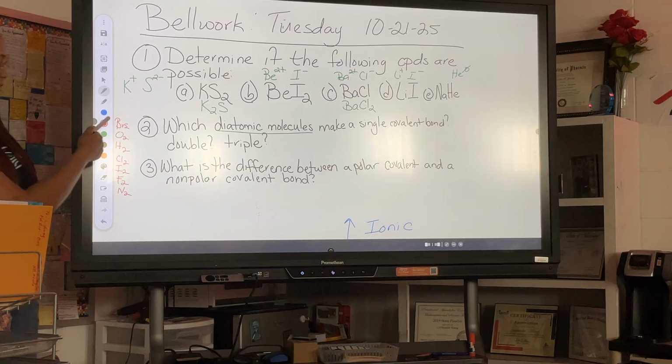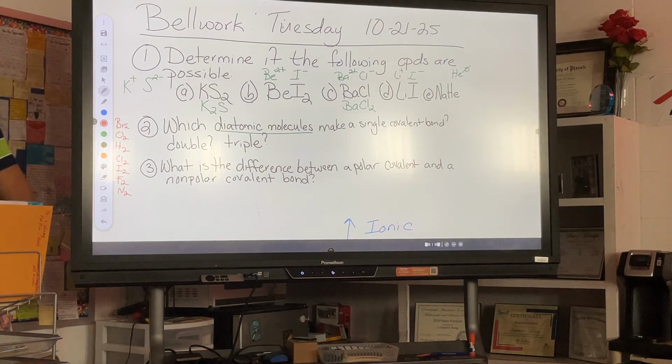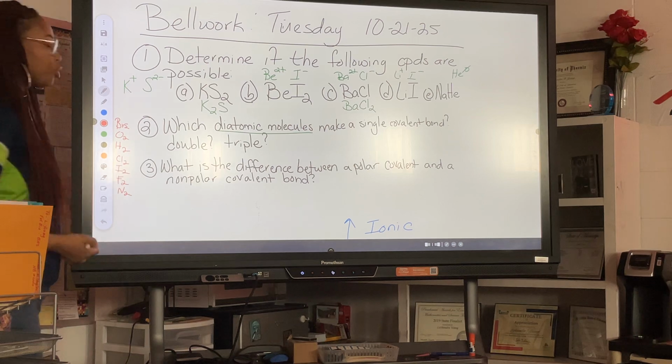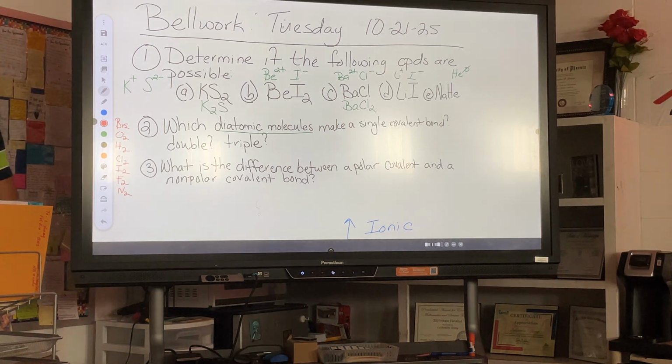So, of these 7, which ones would make single bonds to each other? It's diatomic, meaning there's 2 of them, and they're bonded together, right? Which ones would be bonded together with a single bond? And how do you know?